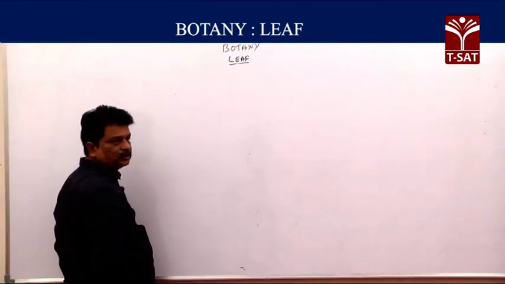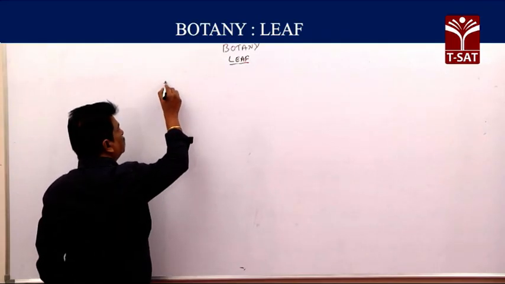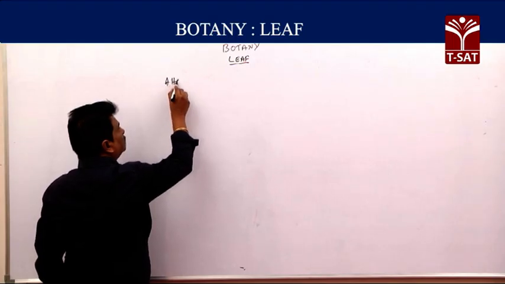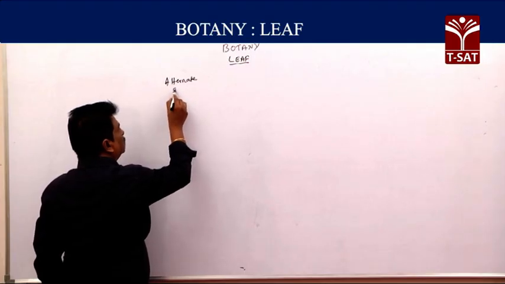Phyllotaxy: I have already discussed alternate, opposite and circular phyllotaxy. Some extra points in alternate phyllotaxy. Alternate phyllotaxy is also called spiral.